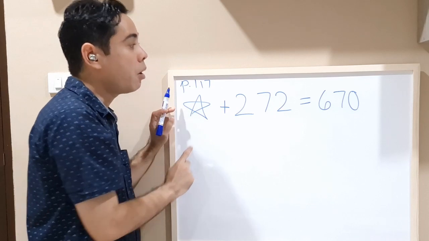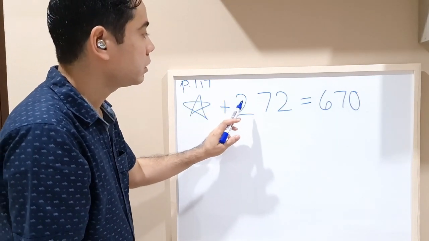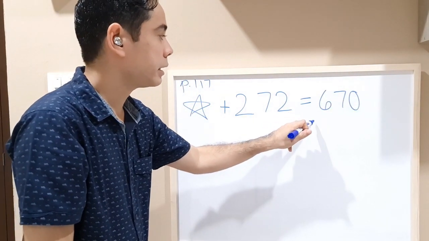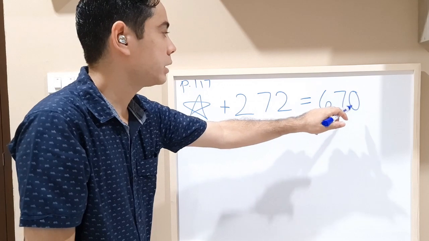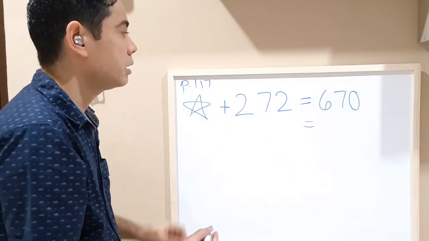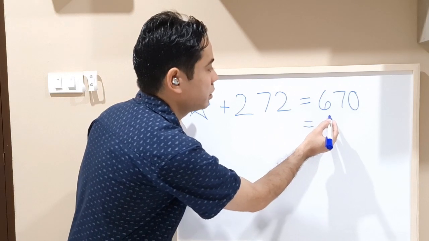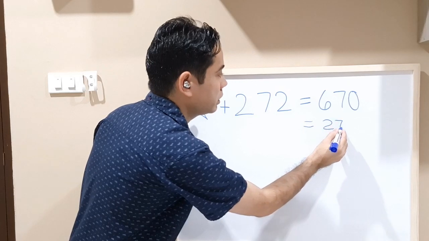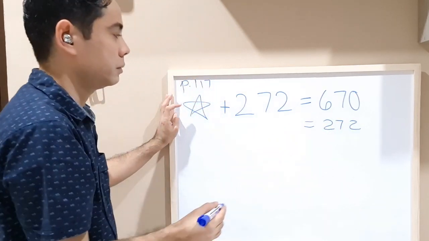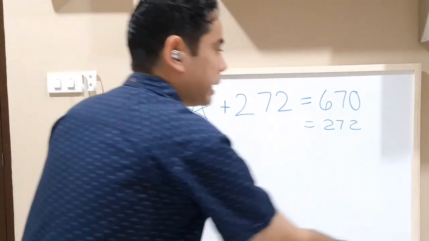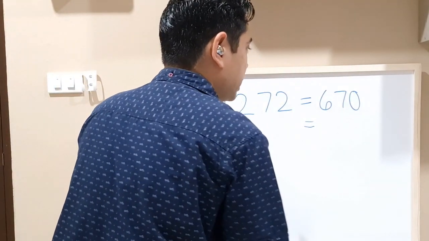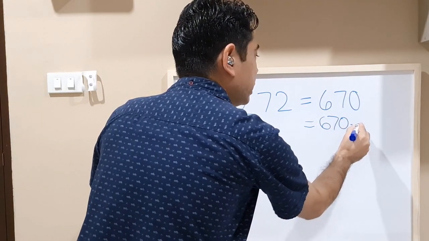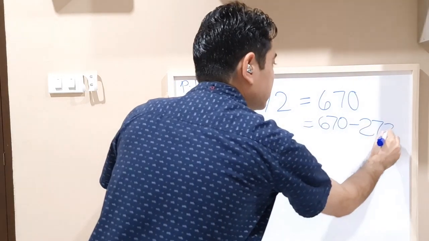Let's find out. What we can do is, we can put 272 over there after the equal sign together with 670. Now, oops, let's make it better. I can put it here: 670 minus 272.